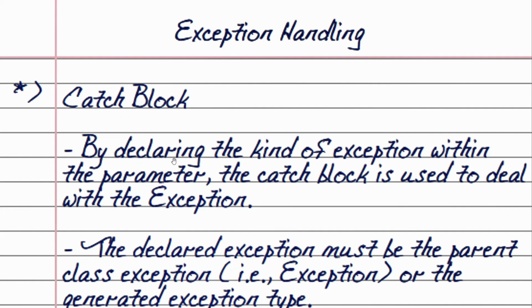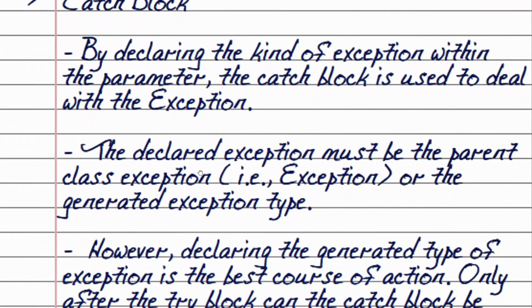The catch block is used to handle the exception by declaring the type of exception within the parameter. The declared exception must be the parent class, that is Exception, or the generated exception type.